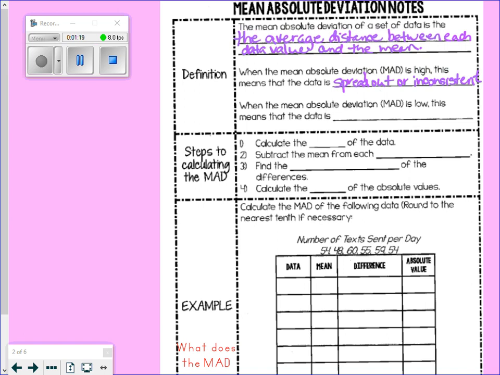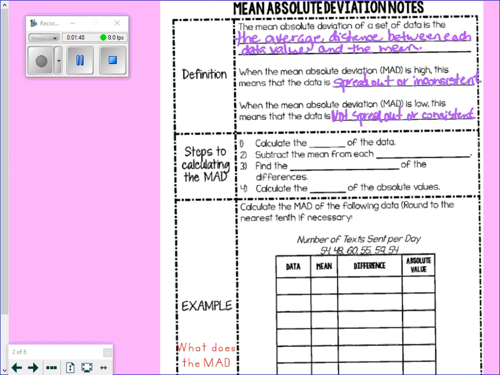Period 1. Because we saw a big variance there, right? When the mean absolute deviation is low, this means that the data is not spread out, or consistent. And then you share that with us, okay, without maybe realizing that, right?